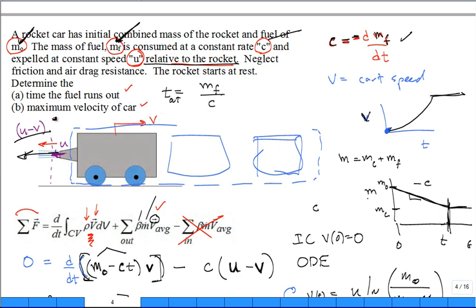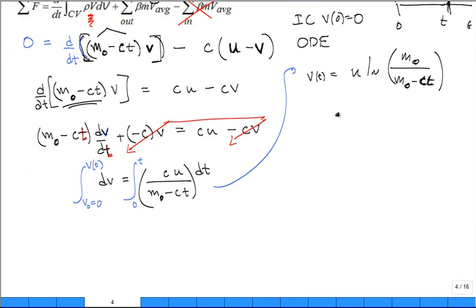And now what is the maximum velocity of the car? It starts from rest. I put in this equation, v max equal to u natural log of the initial mass divided by the initial mass minus c t out. I didn't give any numbers, so you can't convert to kilograms and meters per second. That's the maximum.